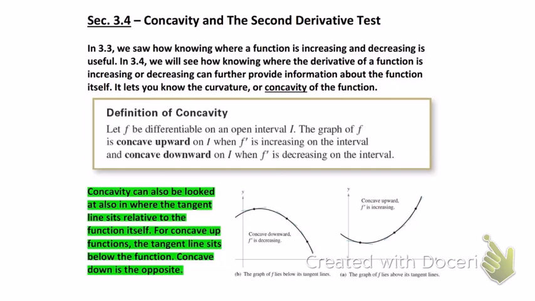If those tangent lines are above the curve, like up here, then yeah, it's decreasing in that particular thing, but it means it's what? Concave down. If the tangent lines are below the curve, it means it's concave up. Okay, so no big deal there.